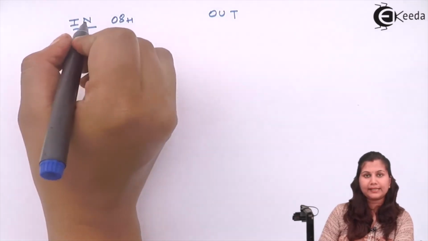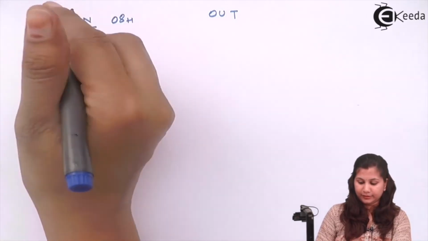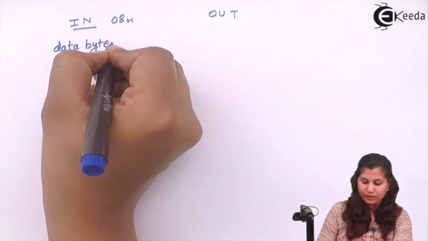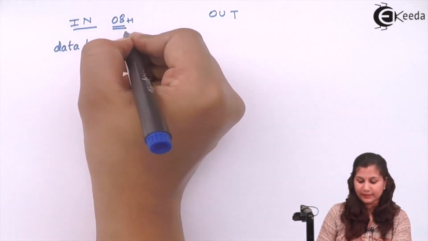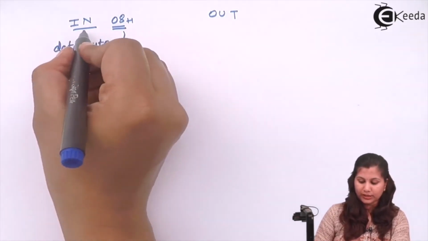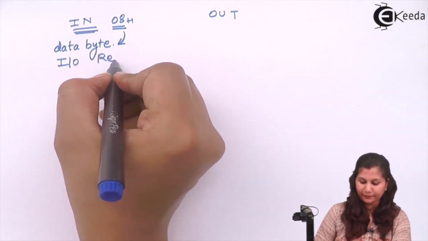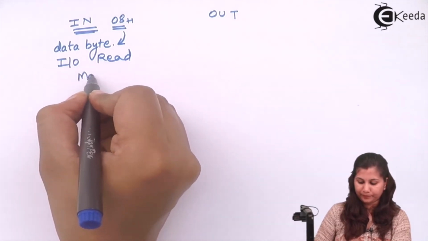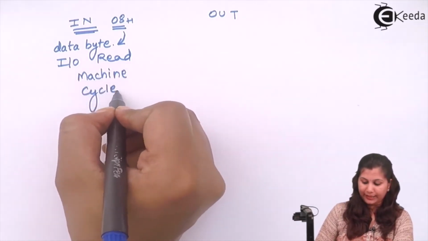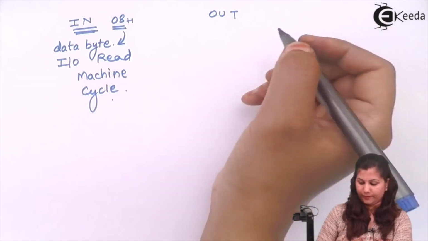So 08 is the port address, and the data byte stored at this port address will be read by the processor. So this input output read machine cycle's timing diagram can be taken as the timing diagram of the IN instruction.